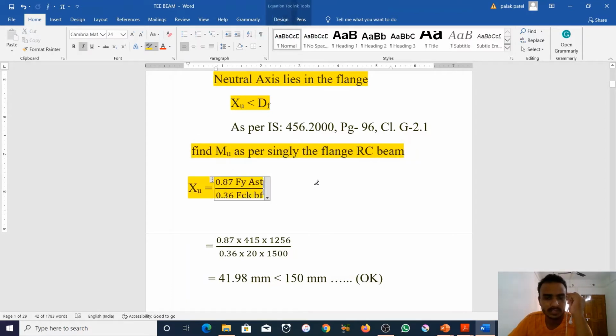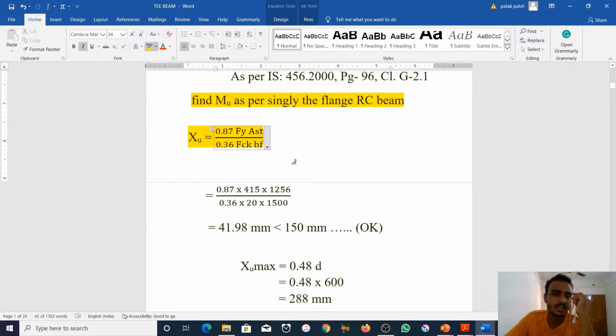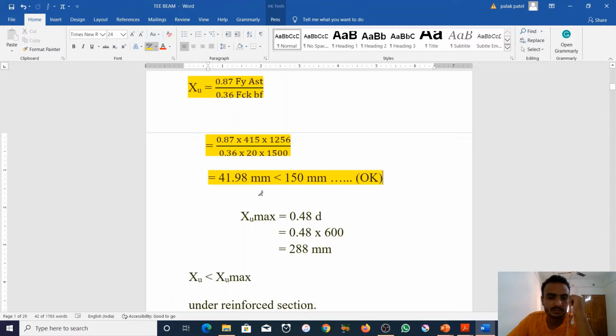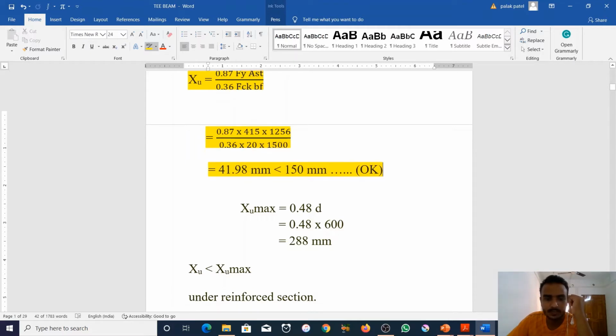First of all, calculate xu: 0.87 fy Ast divided by 0.36 fck bf. bf means width of flange. Put all the values, and we found the result 41.98 mm.